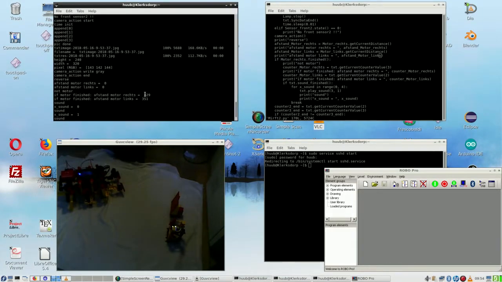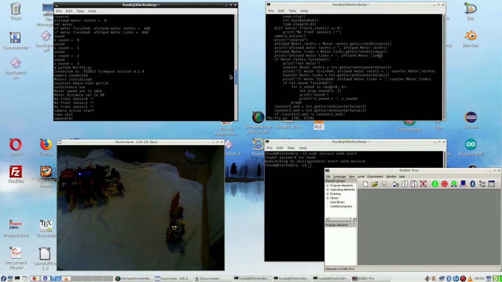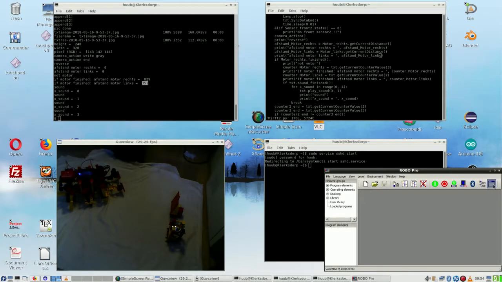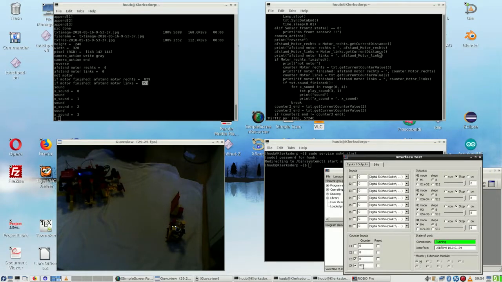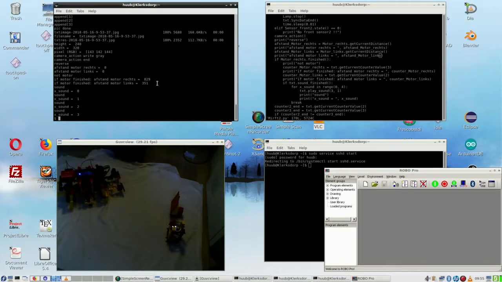So this is 829 while the former count was 488, and this has gone lower, and 829 is nice. So somehow I don't really get it.